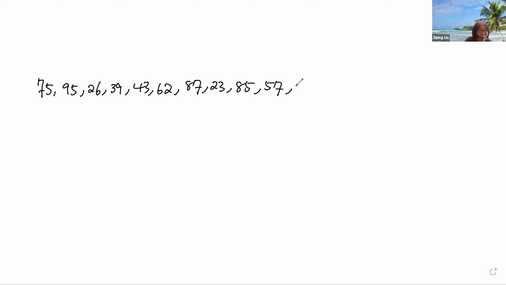I have 75, 95, 26, 39, 43, 62, 87, 23, 85, 57, 65, 30. This is the sequence I'm going to apply quicksort to.